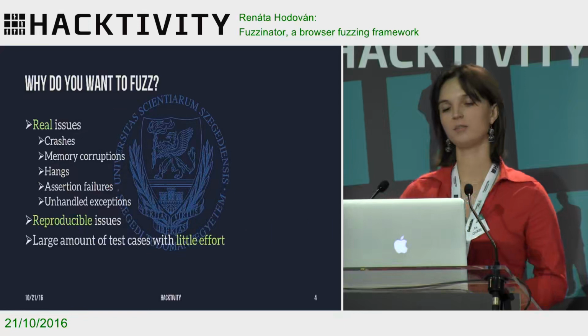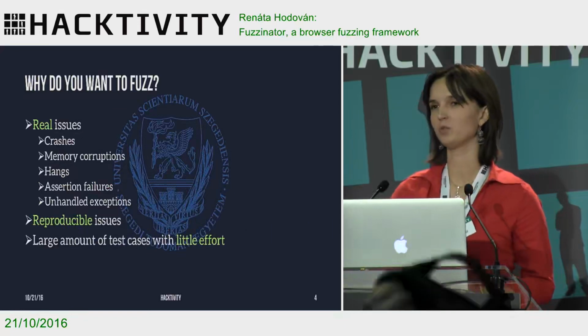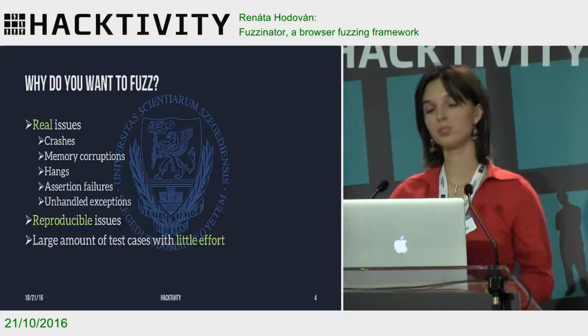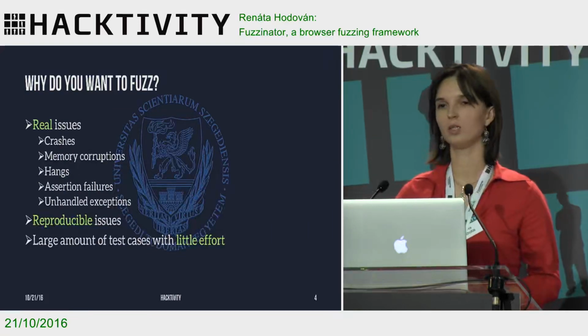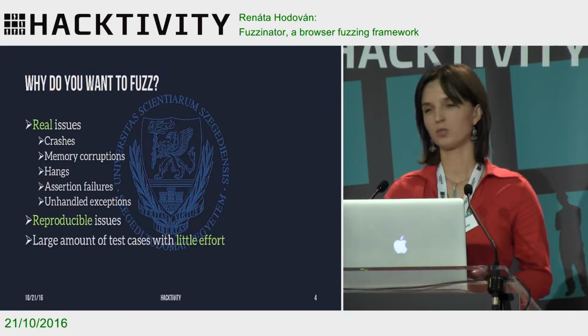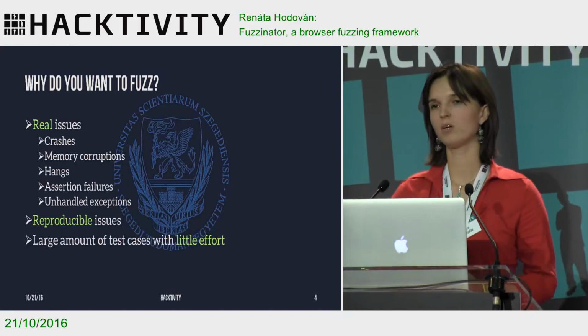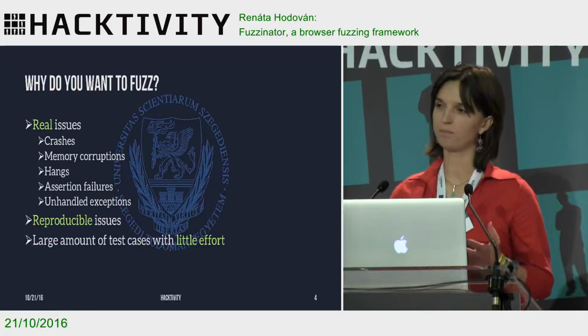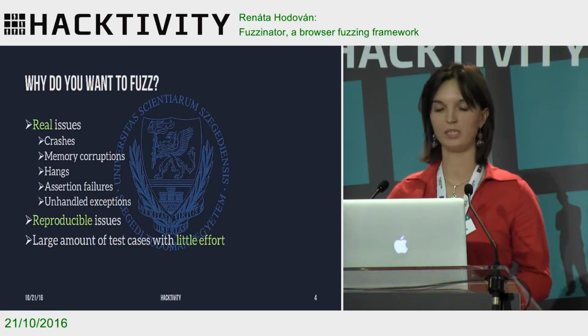Of course, I have more traditional motivations too. For example, fuzzers can find real issues, meaning that they usually find crashes, memory corruptions, assertion failures, and so on, because they can only catch such kinds of failures.